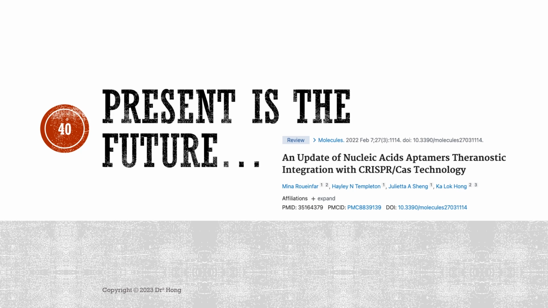And here is a little update where I pulled out a lot of articles and put them together to review how nucleic acid aptamers can be integrated with CRISPR-Cas technology. Several of those were related to detecting the problematic virus that is still lingering around. So that's why present is the future, to set the stage for the future.